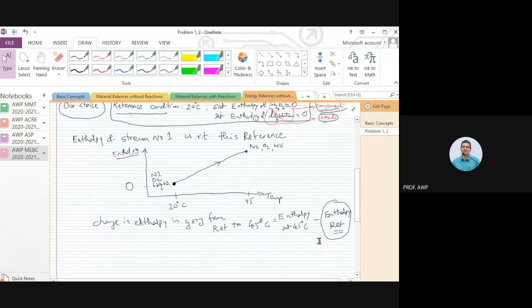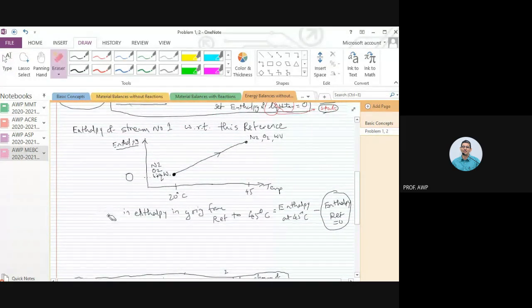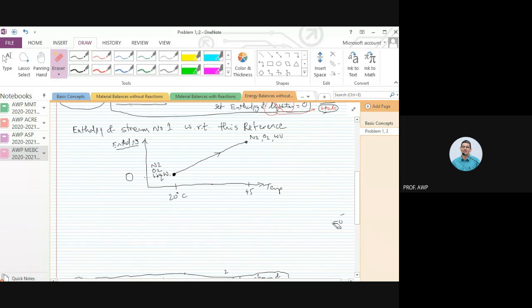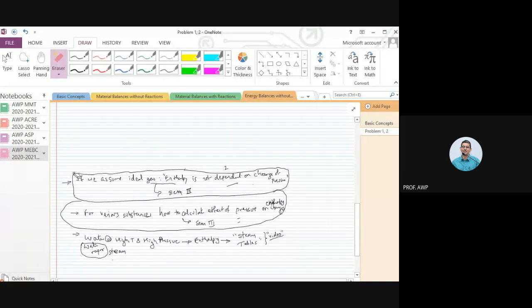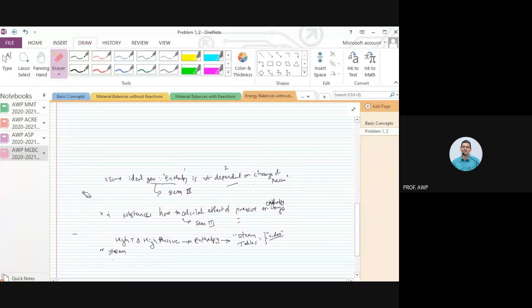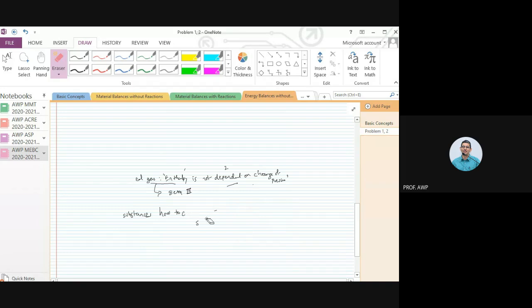So whatever is the enthalpy change in going from the reference condition to the condition of 45 degrees centigrade, with these components in whatever state they are in this particular stream number 1, that change, if I work out, would be nothing but enthalpy of stream number 1. Do we agree with this? Do you disagree with this?